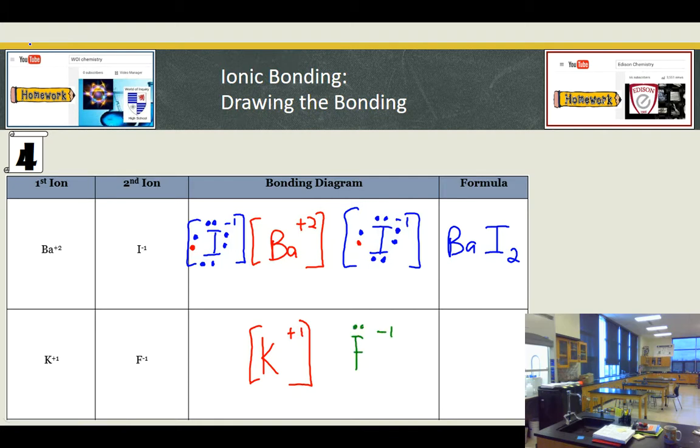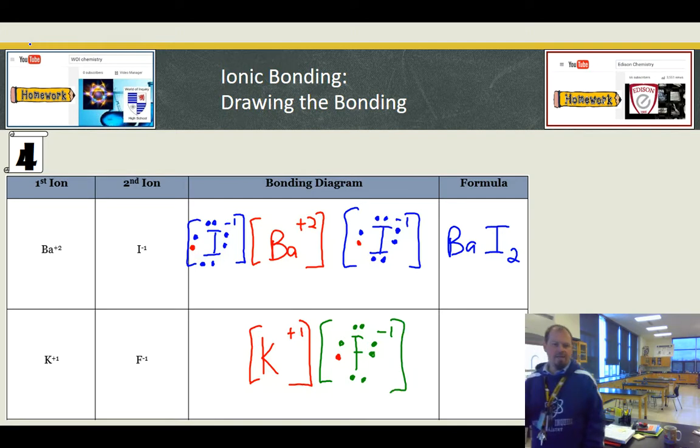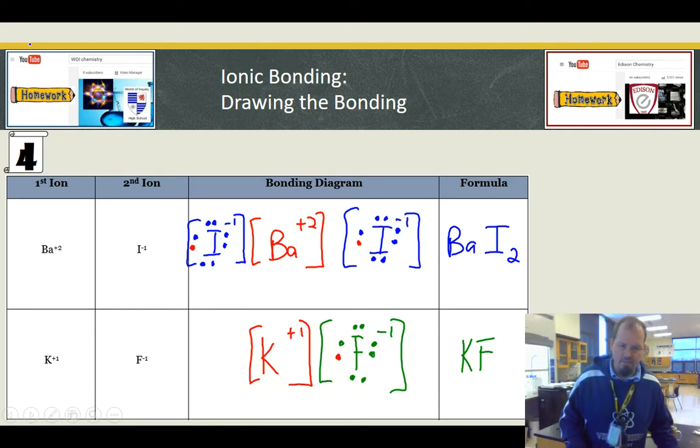Fluorine is a group 17, so he's got 7 valence electrons. And he gets 1 from potassium. And that makes him happy. And so I'm set. I got a +1, I got a -1. So we're good. That's just K, F. It's got to be 2 capital letters to show me that there's 2 different elements.